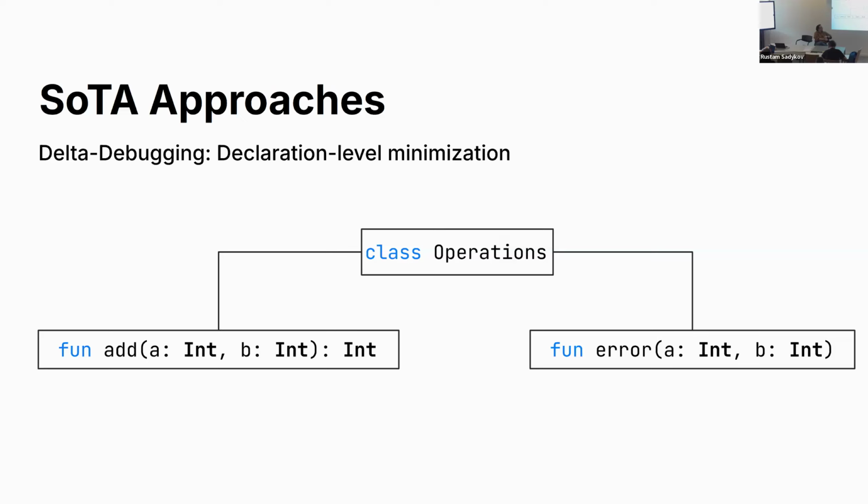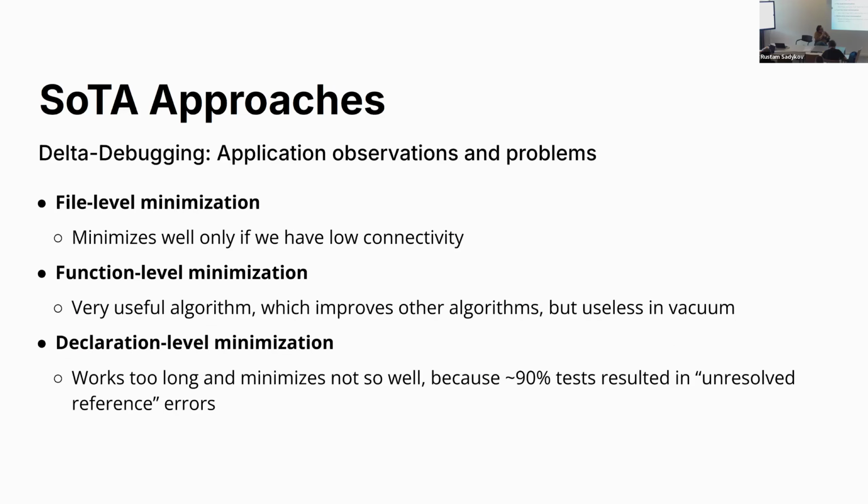It works extremely slowly, and basically 90% of the tests of the received code end with a reference error. That's the main reason why the declaration level minimization is so slow. And moreover, it's not minimized as well as expected.